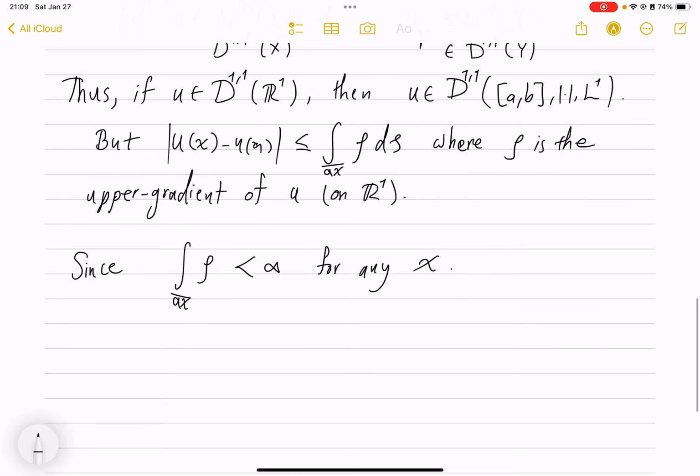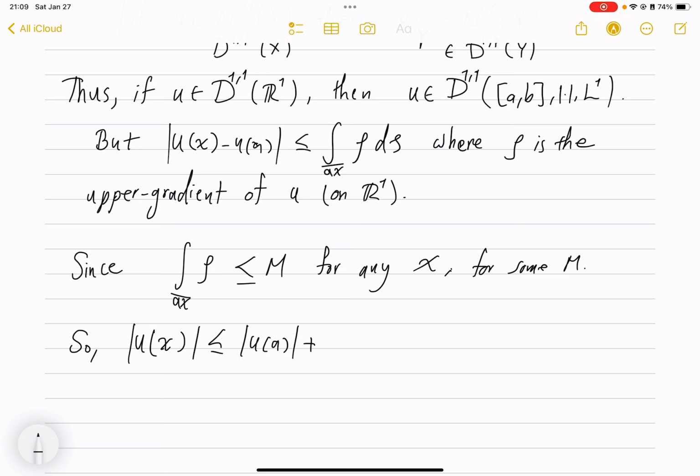This shows that, let's say this is less than m for some m. This shows that the absolute value of u of x is less than u of a plus m. So u is bounded on [a,b].